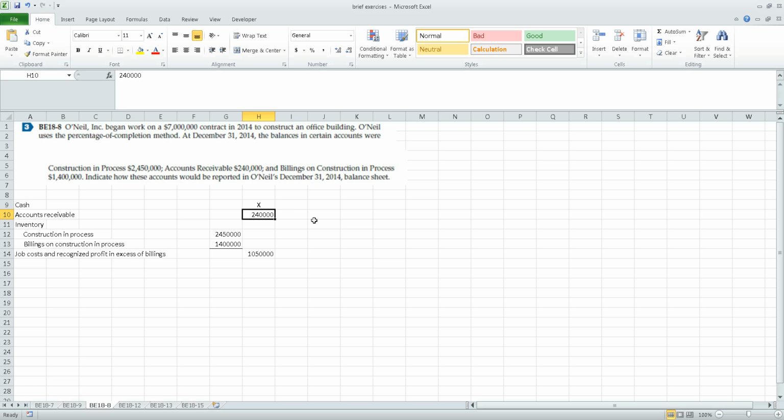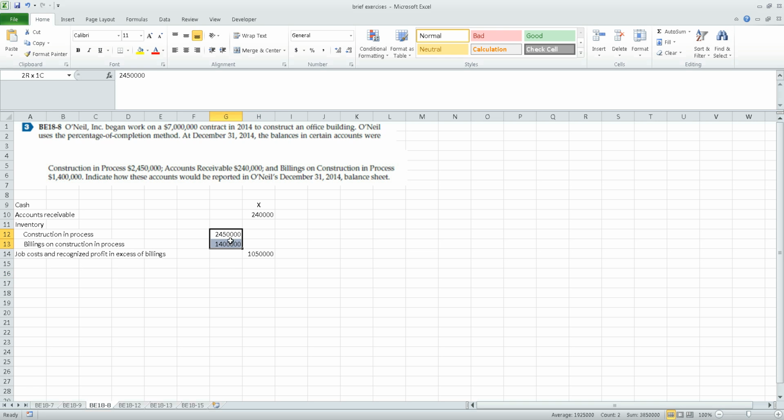So what happens at each balance sheet date, when the company prepares their balance sheet, is they take the construction in process account and the billings on construction in process account, and they net the two together. If there's more debit in the construction in process account than there is credit in the billings on construction in process, then those two accounts are reported on the asset side of the balance sheet as a component of inventory for the construction contractor.